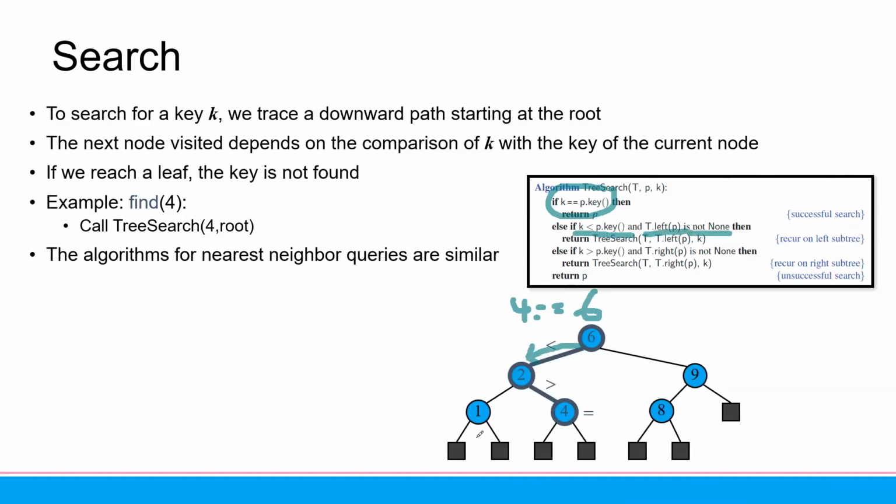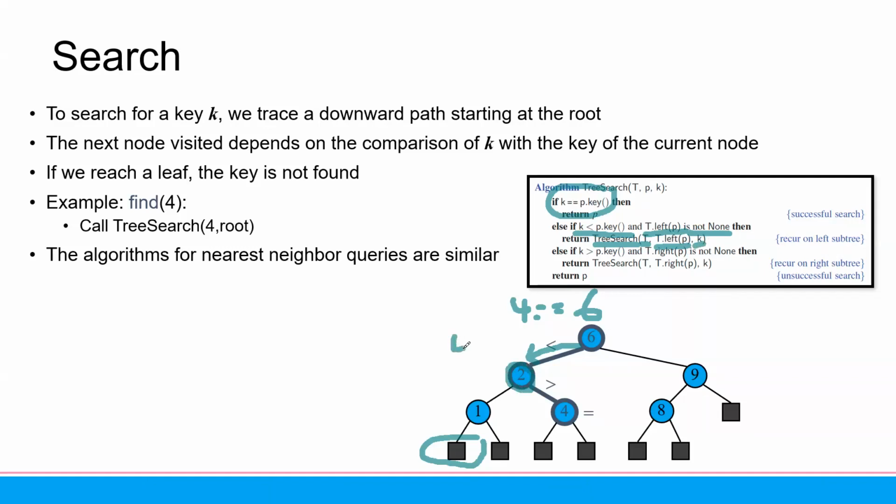It's not null means it is not a leaf. Then you will go to the tree search again. We will use the tree, and then the next will be T left P, and we still use K, the number we are going to find.